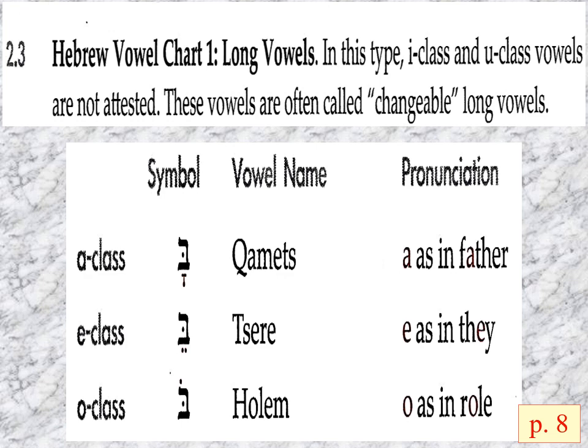Let's take a look at page 8, the Hebrew vowel chart regarding long vowels. There are no I class and U class attested as long vowels. Long vowels, in this case, can also be called changeable long vowels in the sense that we will see some adjustments, or sometimes referred to as vowel transformation, occurring when you're adding on prefixes or suffixes to words, when you're making words plural, or you're adding on a pronominal suffix, or when you're adding on a preposition to the beginning of a word.